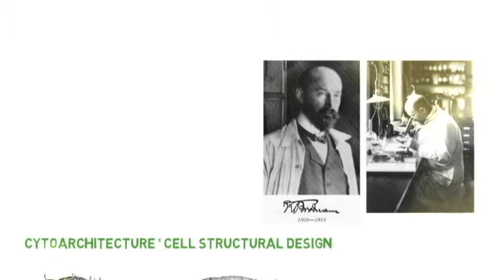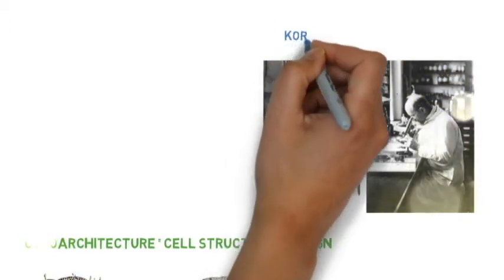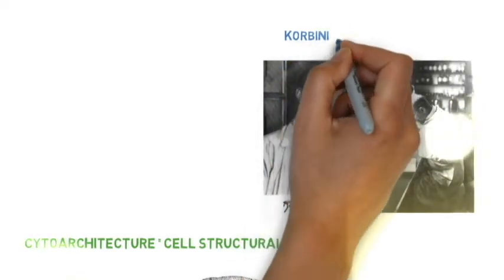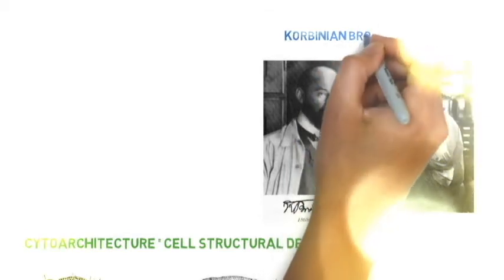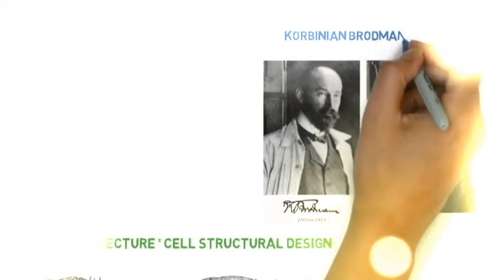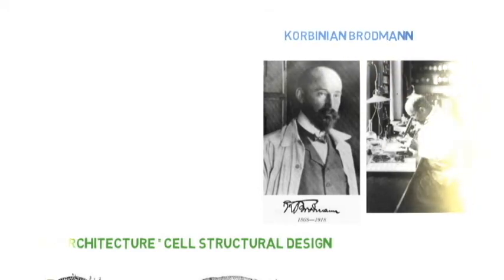Now, back at the turn of the 20th century, there was a researcher by the name of Korbinian Brodmann. He lived between 1868 and 1918. And what Brodmann did was to divide the cortex into 50 areas based on how the cells were arranged in layers. So he found that there was a specific organizational structure of the cortex in the way that it's set up.